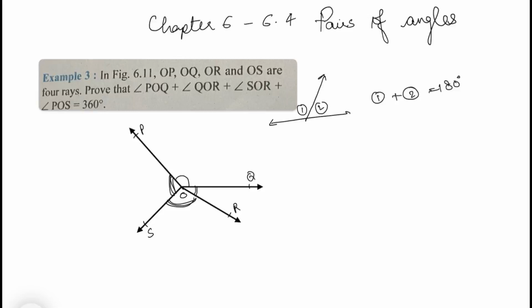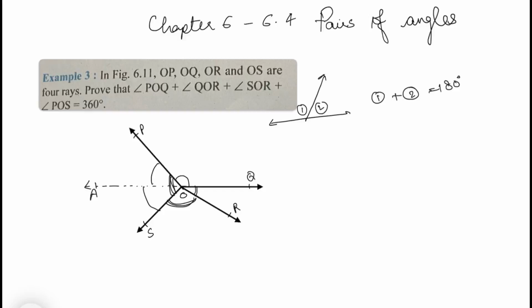There are 4 rays originating from the same point. So what we'll do is we'll create a line. Okay, so let's say this is ray OA, and it forms angles POA and angle AOS.